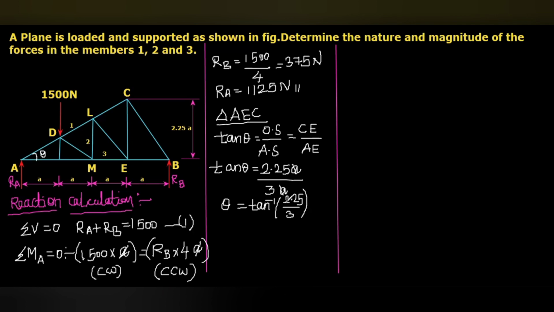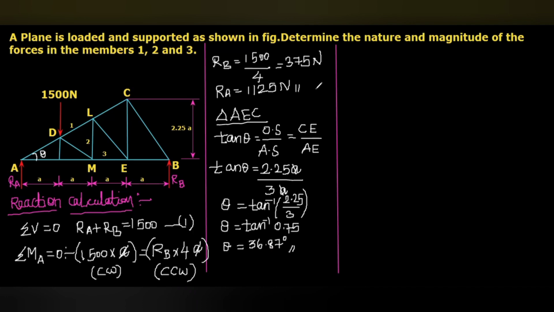Okay, if you simplify 2.25 divided by 3, we will get 0.75. Then theta is tan inverse of 0.75. We will get the angle theta equal to 36.87 degrees. Okay, so this will be used in the numericals.